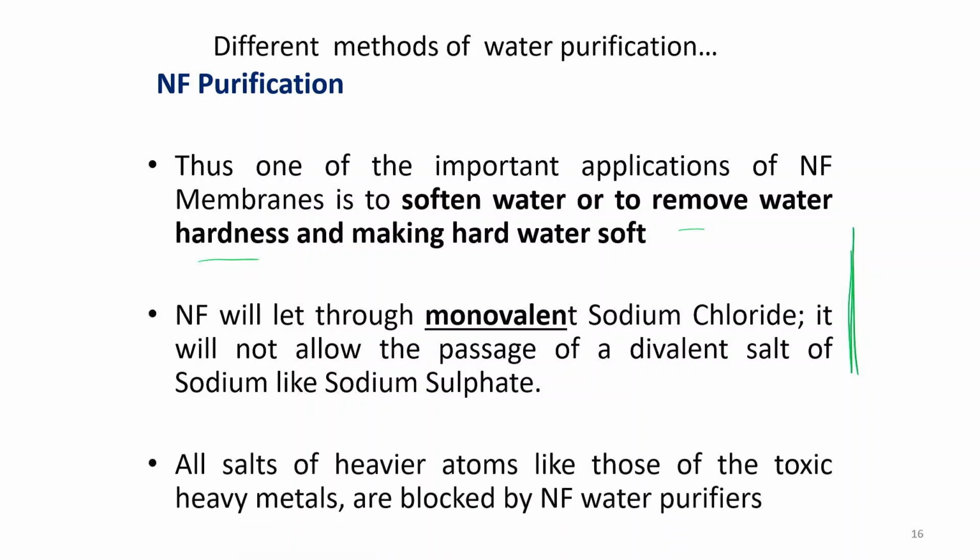All salts of heavier atoms, like those in the toxic heavy metals, are blocked by this. Any salts of heavy metals are of size more than the nanofilter's pore size, so these salts will be blocked.